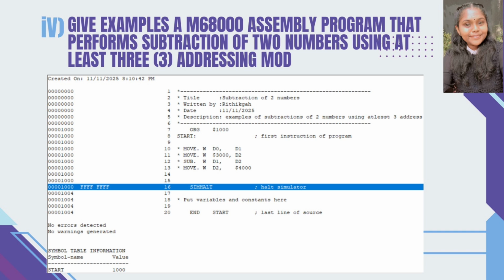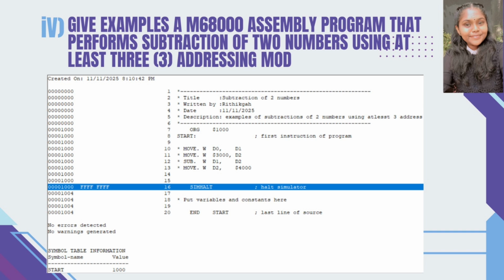After that, sub.w D1, D2 performs the subtraction. It subtracts the value in D1 from D2 and stores the result back into D2. Once the subtraction is complete, move.w D2, $4000 stores the final result in memory location 4000 hexadecimal.